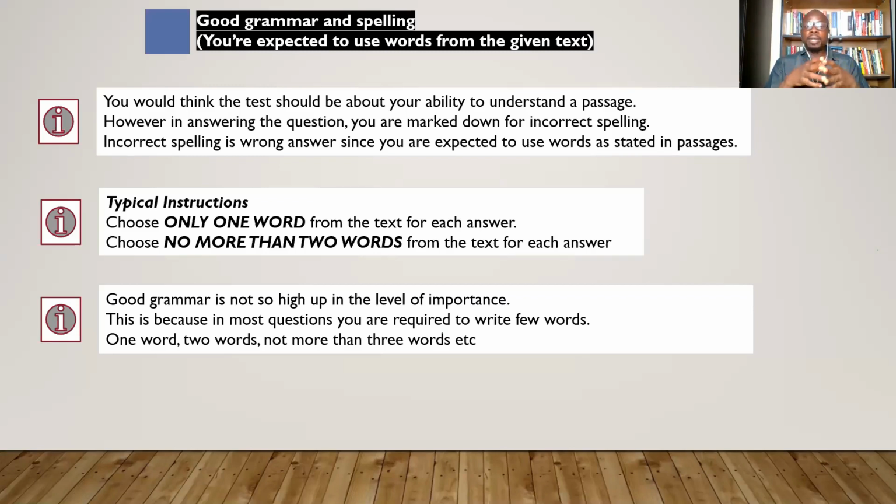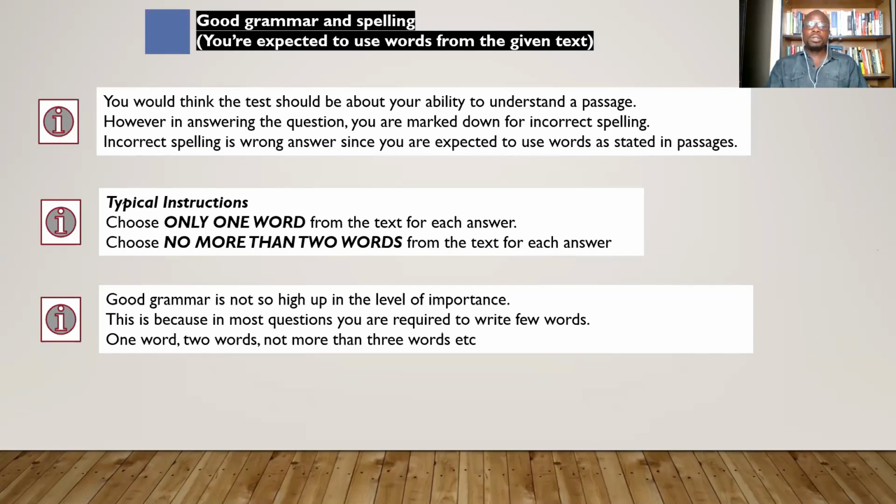An incorrect spelling is a wrong answer, and the reason is very simple. It's because you have been asked to choose words from the text itself, so the words have been spelled correctly in the text. All you need to do is identify the words they're referring to and then use them in your answer. They don't expect you, in the process of copying out the words, to make mistakes in the spelling again.